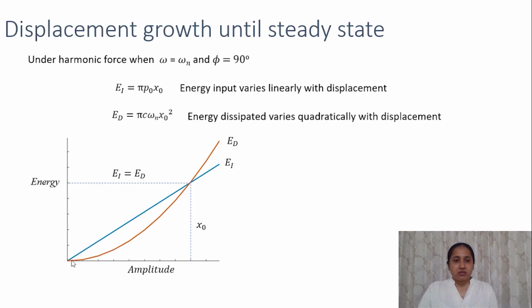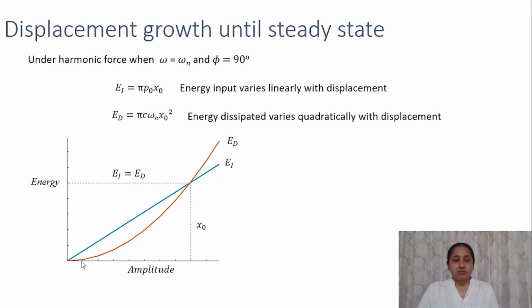The red one is the curve for the dissipated energy. When the amplitude is very low, the dissipated energy will also be very low. This increases quadratically. So when the amplitude is low, the input energy will be higher than the dissipated energy.